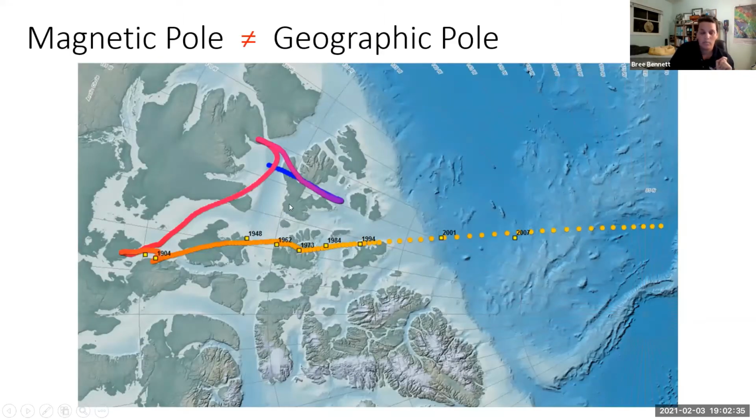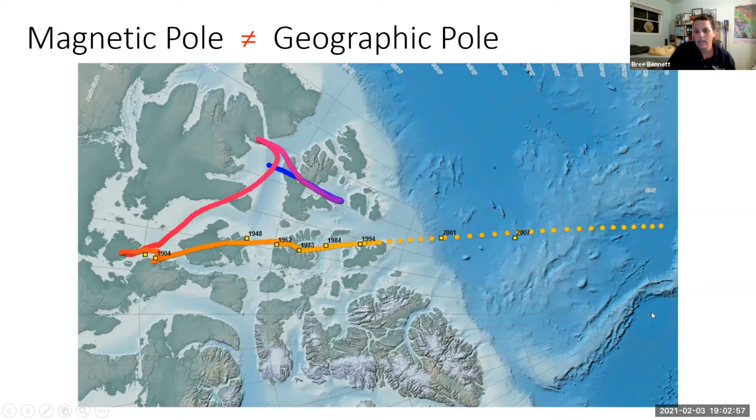Before I get into this, our magnetic North Pole is not our geographic North Pole. So this is a map over the years of how our magnetic North Pole has moved around. It was moving around slowly, and in the last 50 years, it's kind of taken off.